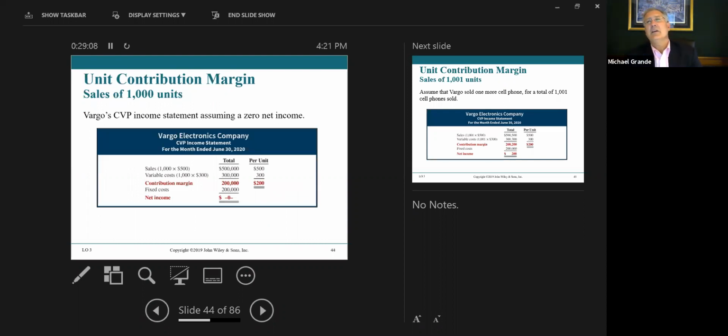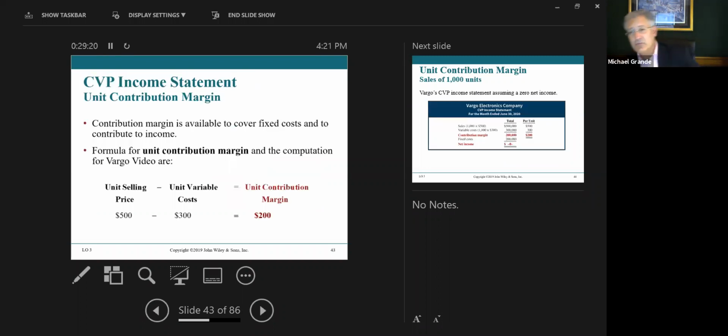Vargo's CVP income statement is assuming 0 net income. So this is how they get to a break-even point. You can go trial and error, right? If they have a contribution margin per unit of $200, the question is, how many units do they need to sell to cover their fixed costs?